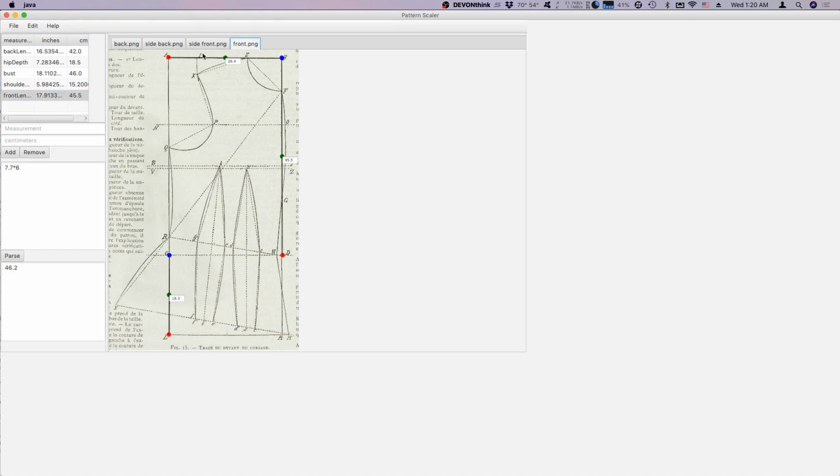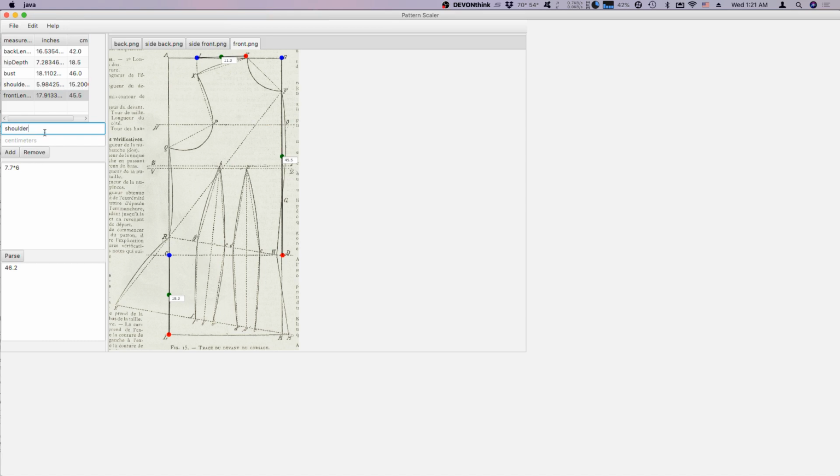Now, if we get rid of this particular thing, we can put in E through I, and this will give us our shoulder width.